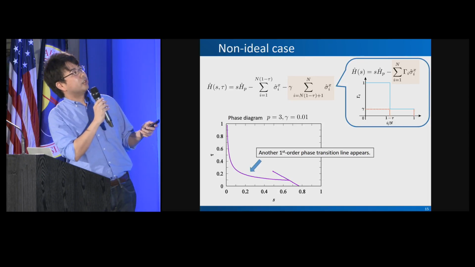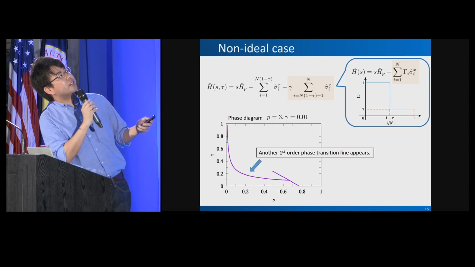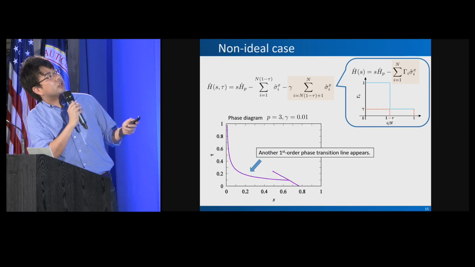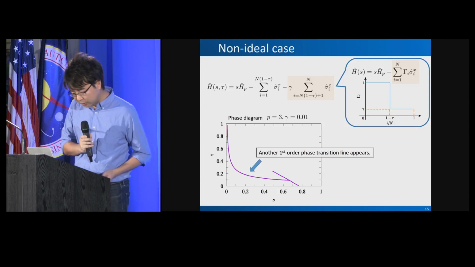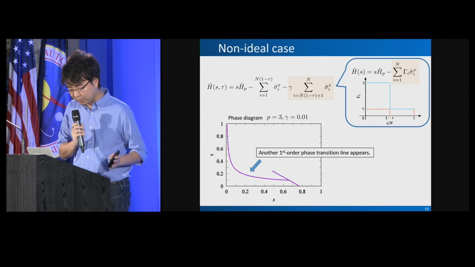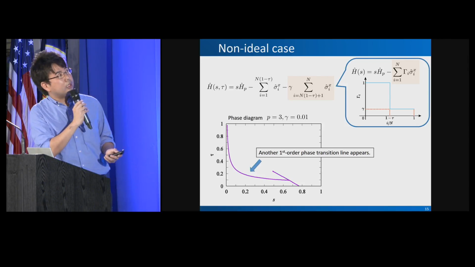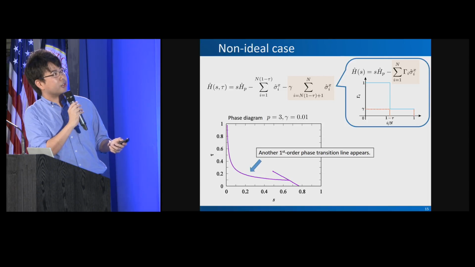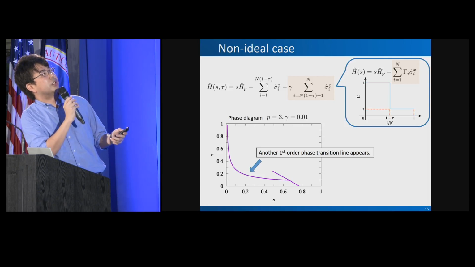I mean, a weak transverse field remains here, with the factor gamma. For this model, with this transverse field, in the phase diagram, another first order phase transition line appears here. This is for p equals 3, and gamma equals 0.01. This is the original one.